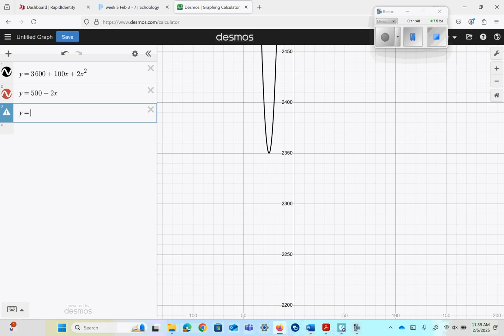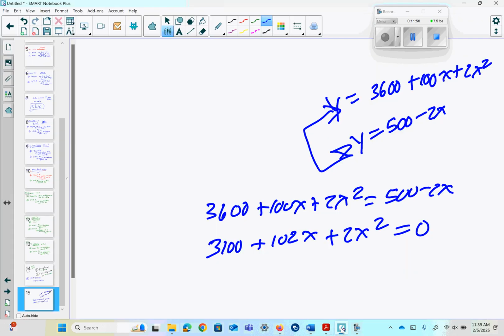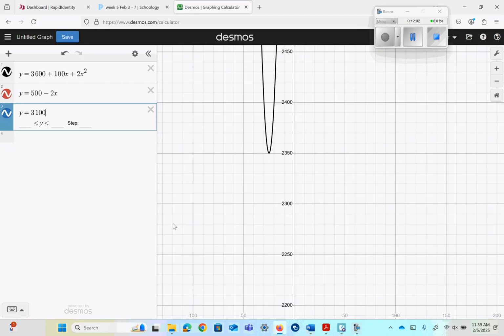Y equals 3100 plus 102x plus 2x squared. Is that right?